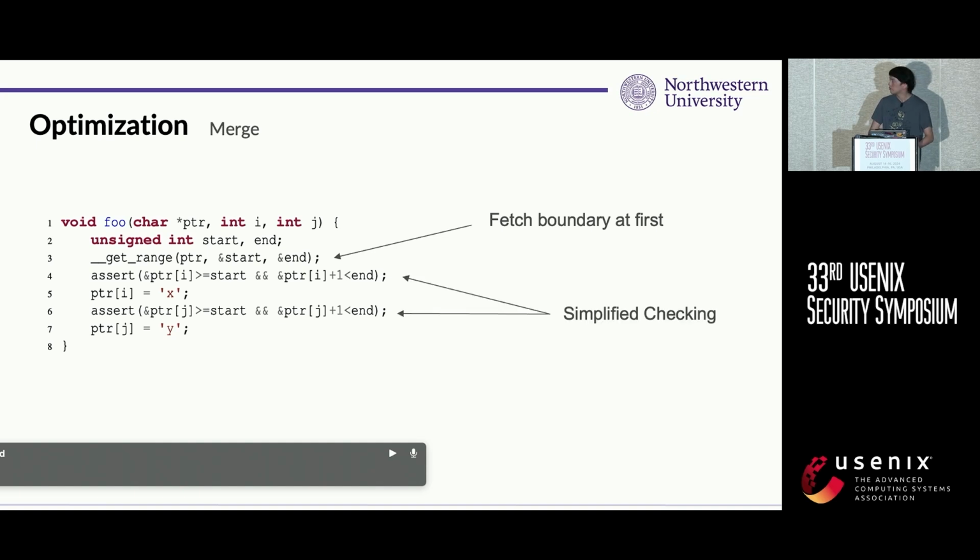Then we only insert simplified checking for the following two pointer arithmetic instructions. We do not need the boundary information from runtime again.